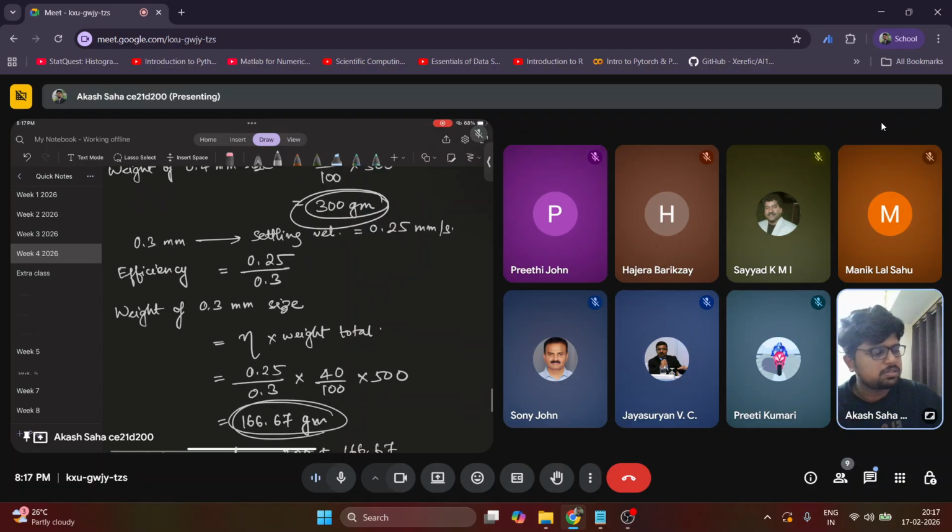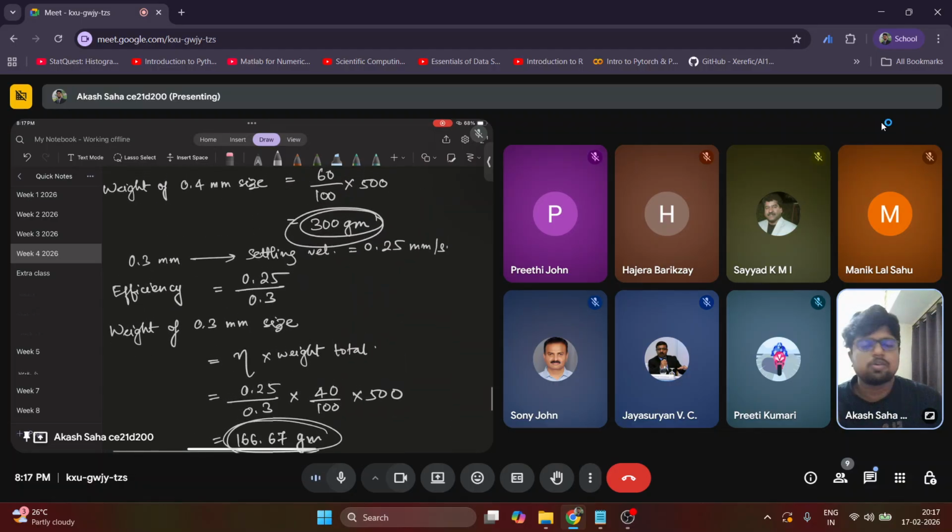Any doubt in this? Okay, so for 0.4 mm size, since the settling velocity is equal to the overflow rate, 100% will be removed. So whatever is the weight of 0.4 size particles, everything will be removed. We have 60% of those particles. So 60 by 100 into 500, we got 300 grams. Now for the 0.3 mm particle, we know the settling velocity is 0.25.